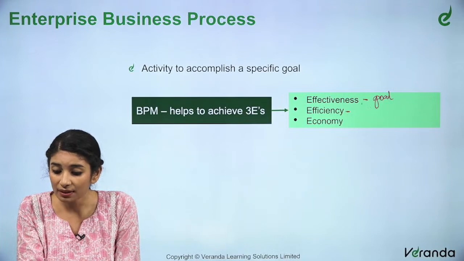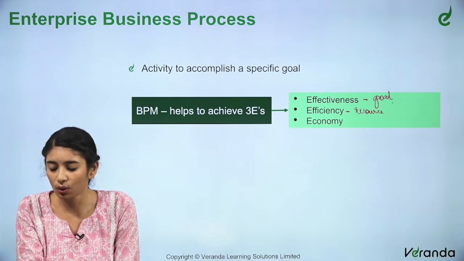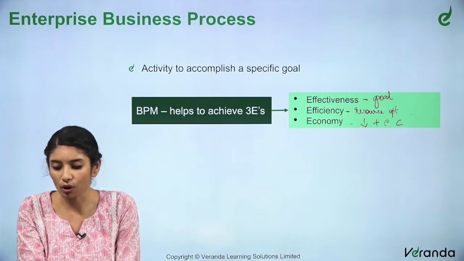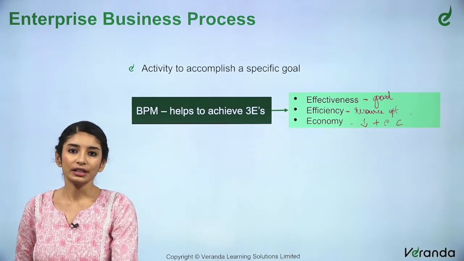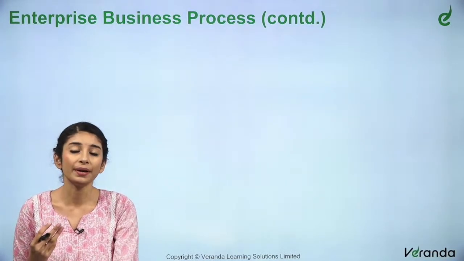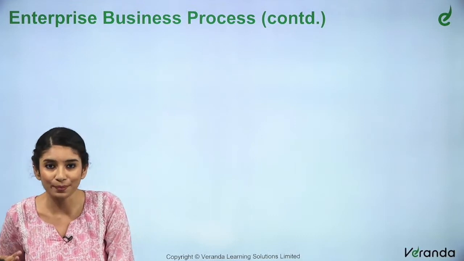Efficiency means with the best resource optimization. With the least resources, you achieve the goal. And economy means reduction in time, efforts and cost. So, 3 E's of BPM. Come on everyone. Effectiveness, efficiency, economy.